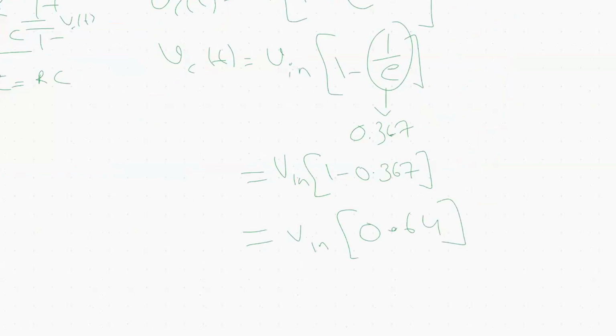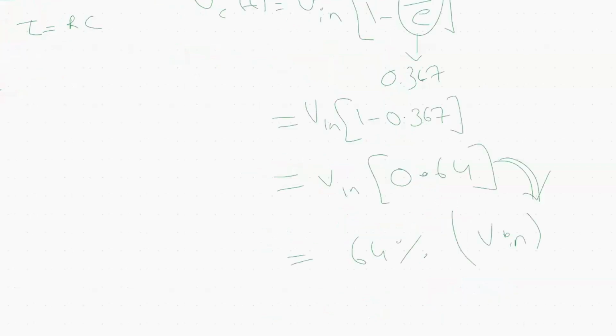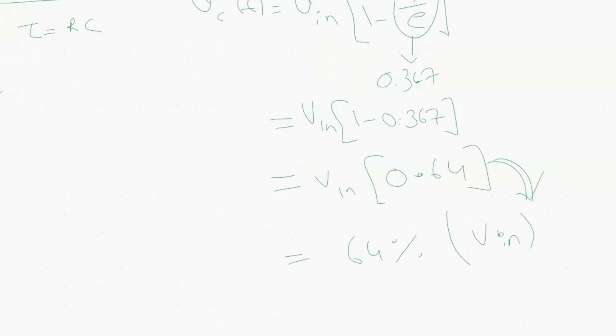And we can also say that it is 64% of V in, right? So at 1 tau, your capacitor is charging to 63 or 64% of your input voltage, right?